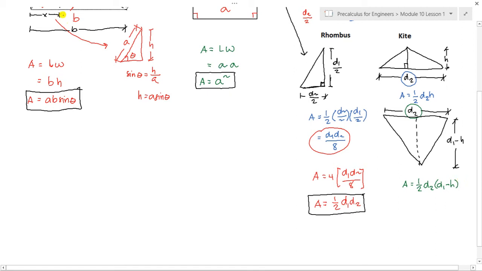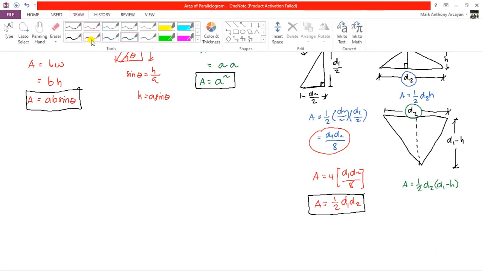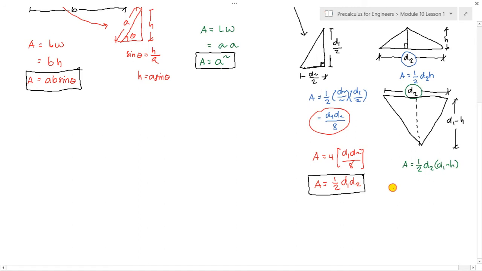So what we need to do now is to add them so that we can get the area of the kite. So i-add na to ang area sa usa plus ang area sa ikaduha. So ato na siya i-combine.